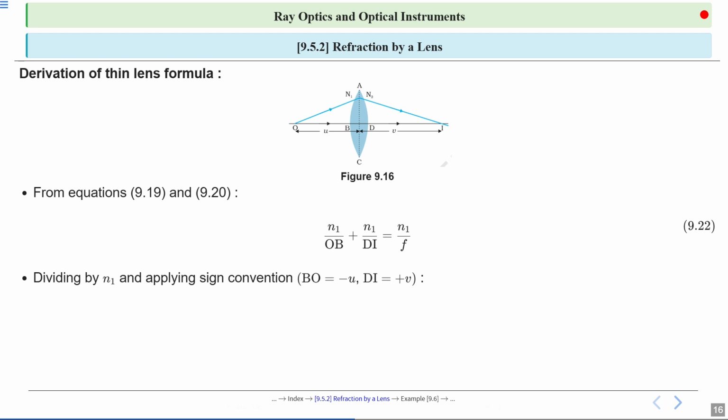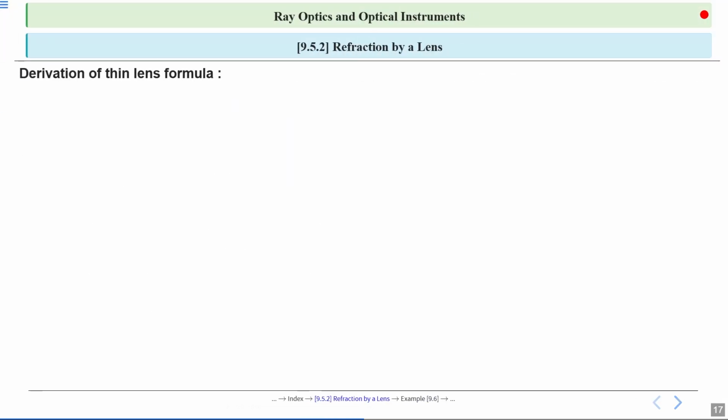So OB, or BO, is minus u and DI is plus v. Dividing by n1 on both sides, n1 upon n1 becomes 1. So 1/v minus 1/u equals 1/f. Mark it as equation 9.23.